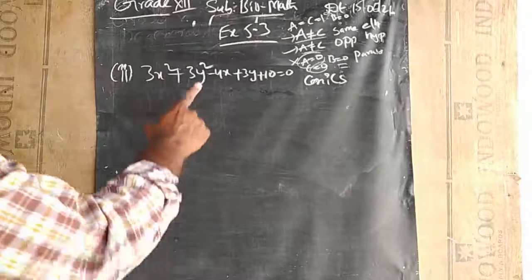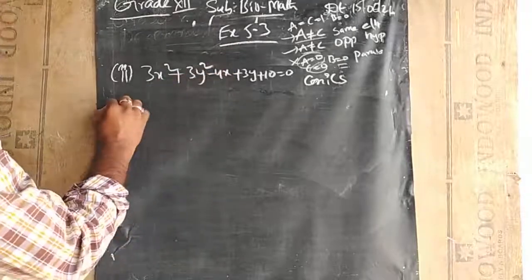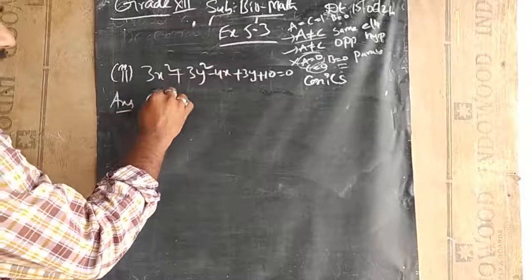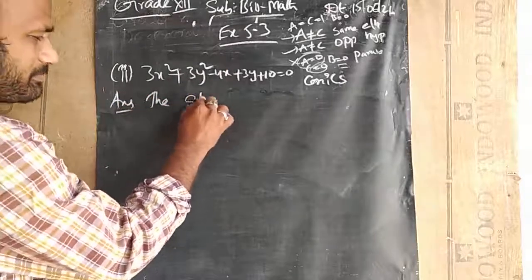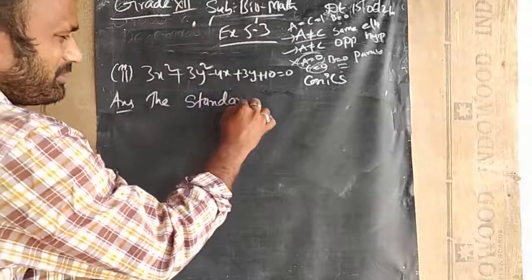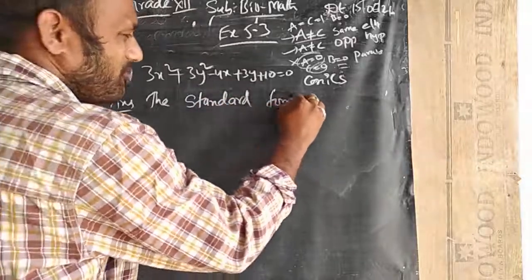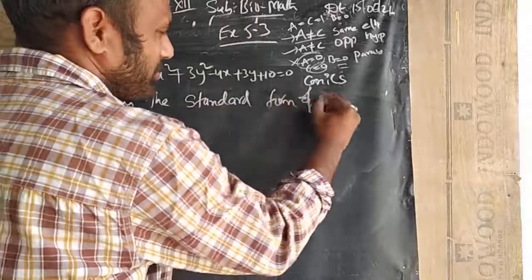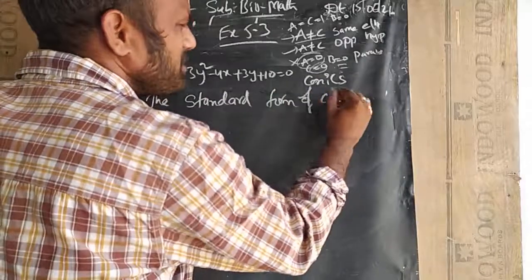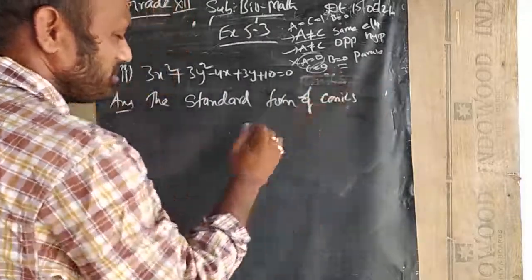Okay, students, we'll be seeing the second question now. So first let us write the standard form of the conic sections. Conic sections, we can call it the degenerate form also.